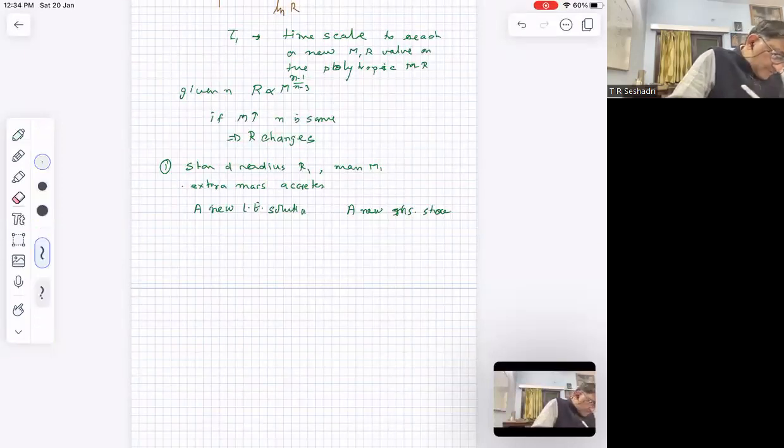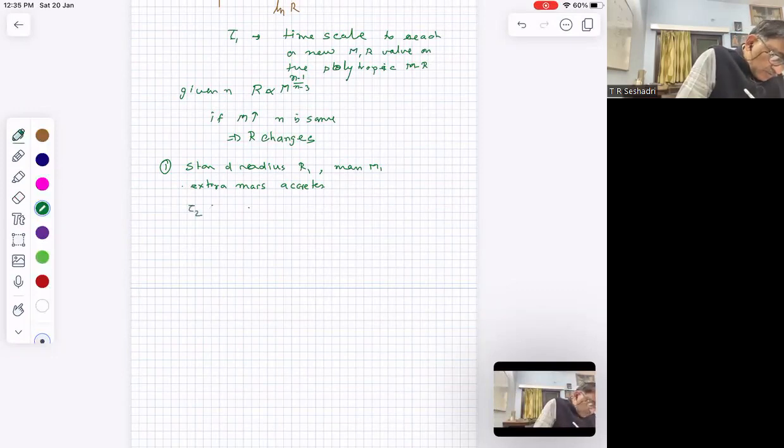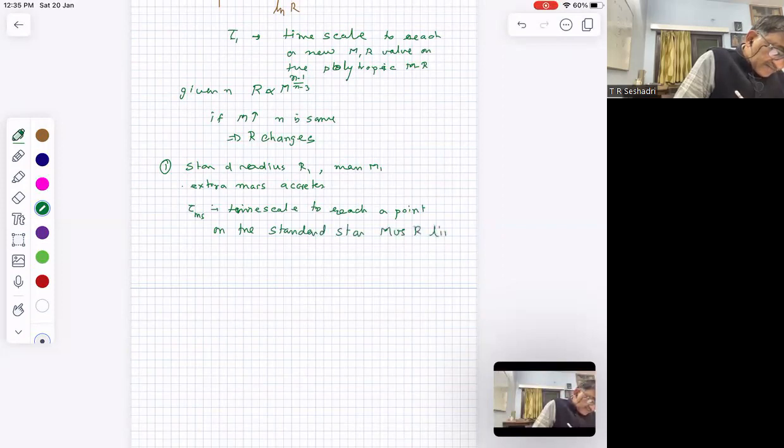Let me just put it this way. The extra mass accretes. Tau 2, or I will call it tau MS, is the time scale to reach a new point on the standard star M versus R line.